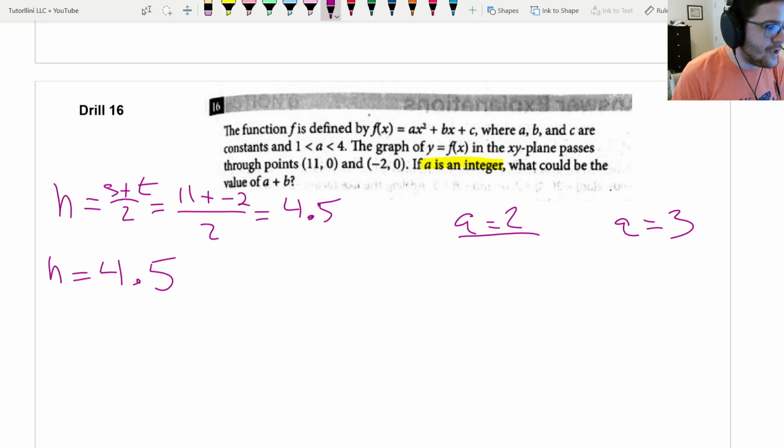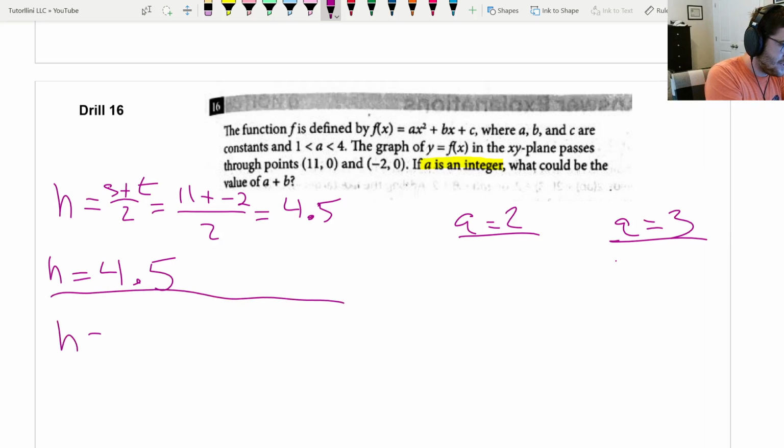Now, I don't know all these coefficients, so I can't find k. But there's another way to find h that we can relate. So we can relate h and a to find b. So the equation, this is also really important that you know, is negative b over 2a.